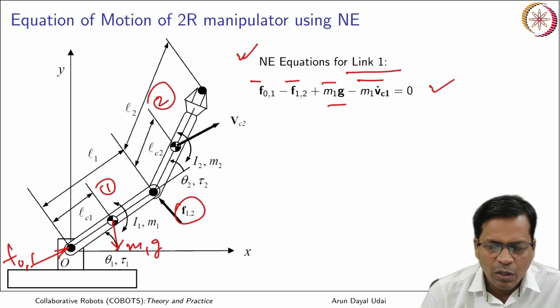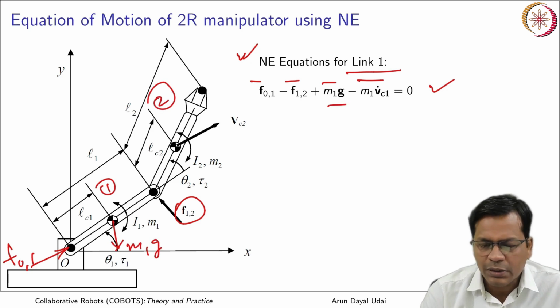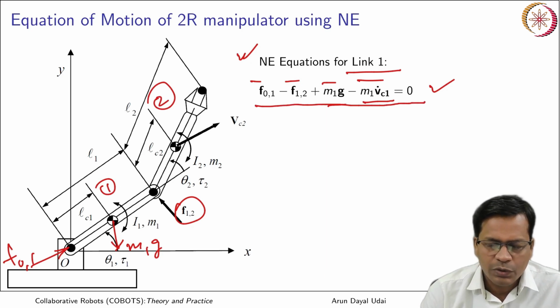So, sum of all the forces, if it is unbalanced, creates this mass into acceleration, that is Vc1 dot, the acceleration. When we bring it all to one side, it should equate to 0.